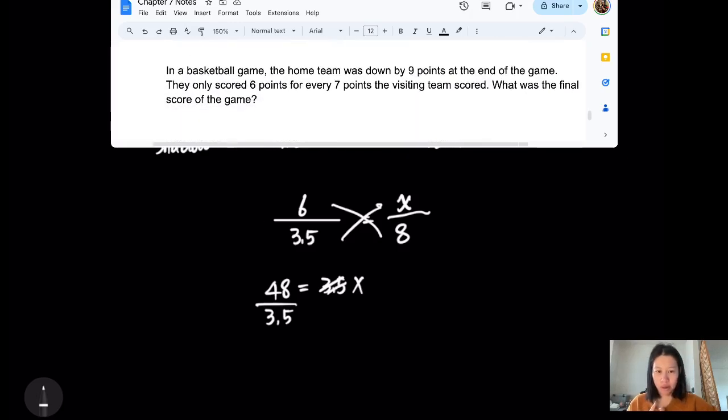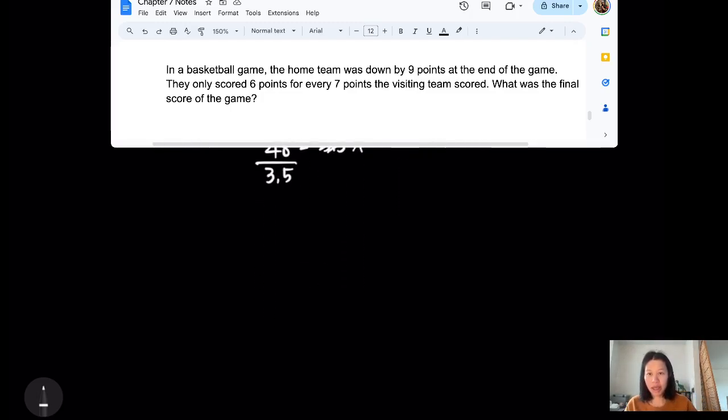Okay, now let's take a look at the next question. In a basketball team, a home team was down by 9 points at the end of the game. They only scored 6 points for every 7 points that the visiting team scored. What was the final score of the game? So in this one, since they ask what was the final score of the game, we don't know. If we don't know, we need to set this up as x.